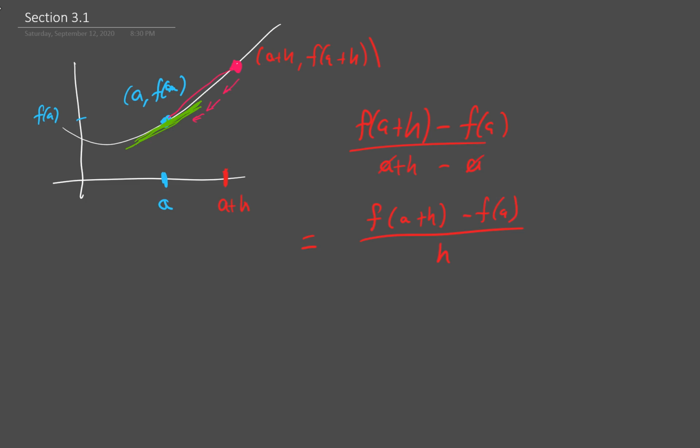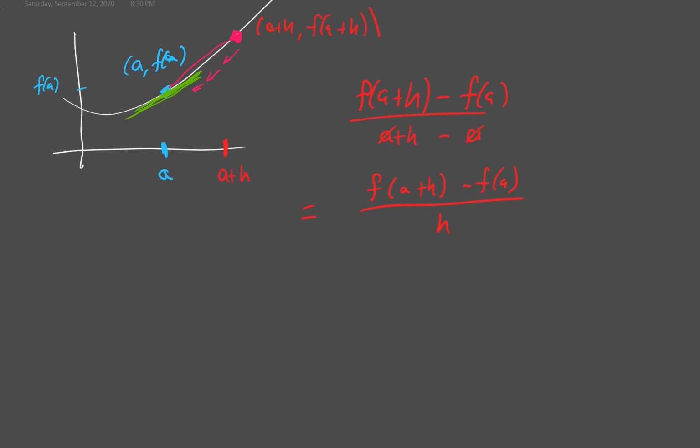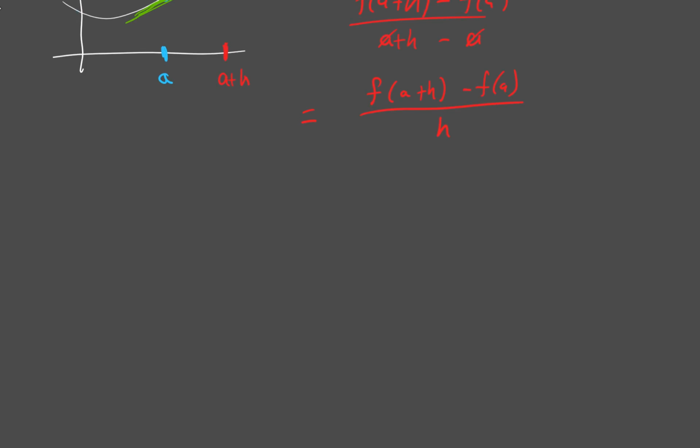Okay, to find the slope of the green line, I'm going to take the limit of this difference quotient as H gets closer and closer to 0. That is, the red point gets closer and closer to the blue point. So that's our definition of the derivative.